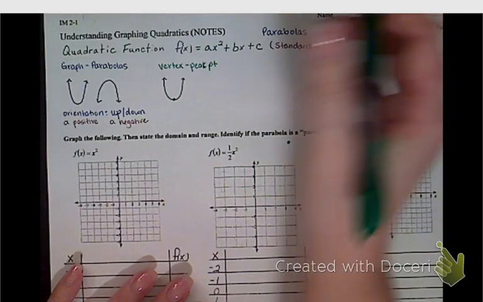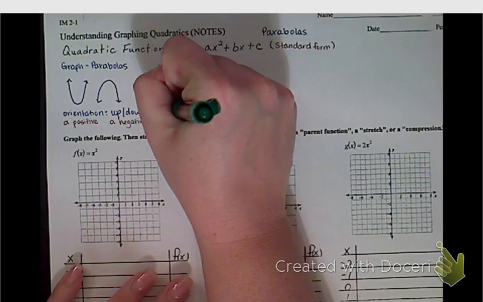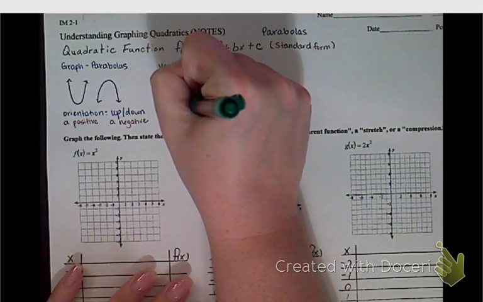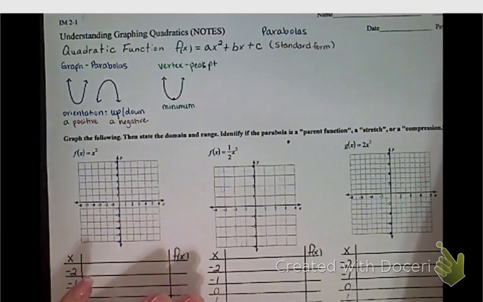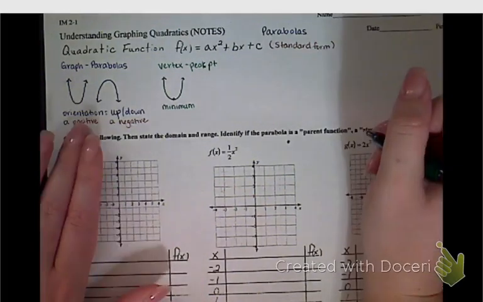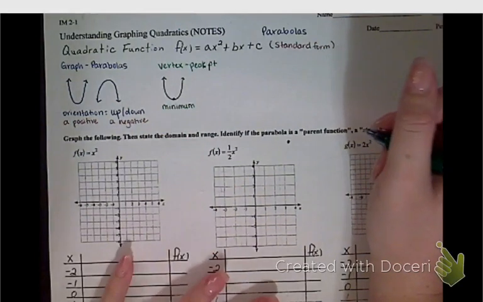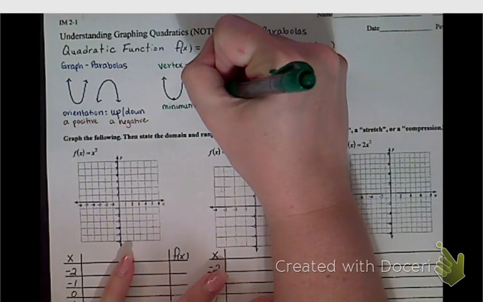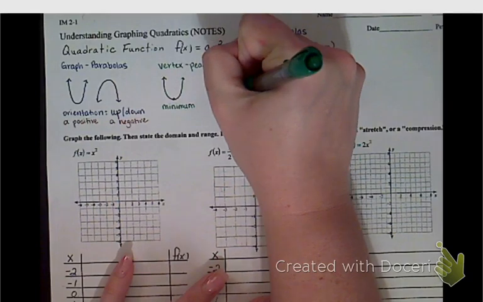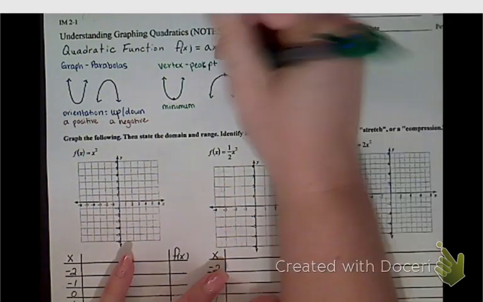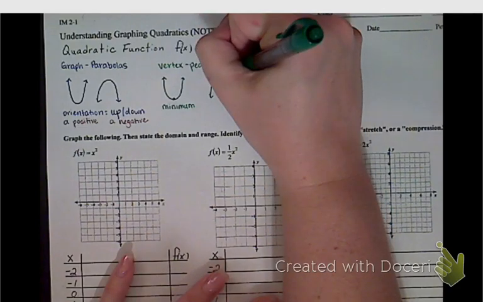And this is going to give us a minimum point or minimum value. So if your graph opens up, which means your a value is positive, you're going to have a minimum value at your vertex. If your graph opens down, your vertex is going to be at the top, giving you a maximum point.